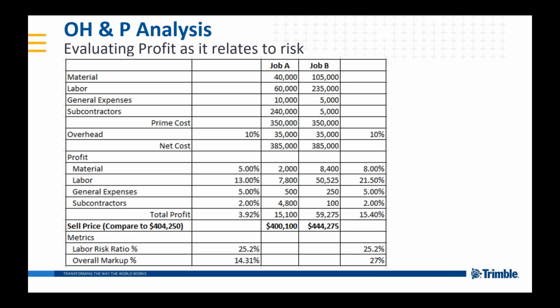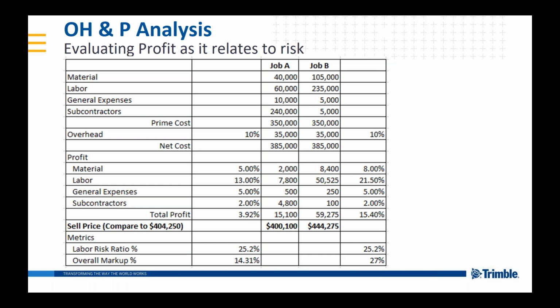So if I'm marked up with these percentages, giving me a 25% risk ratio on job A, I will have marked that entire job up an average of 14.31%. If I have that same 25% risk coverage on job B, I will have marked it up 27% overall on the entire job to give me a 25% labor coverage.